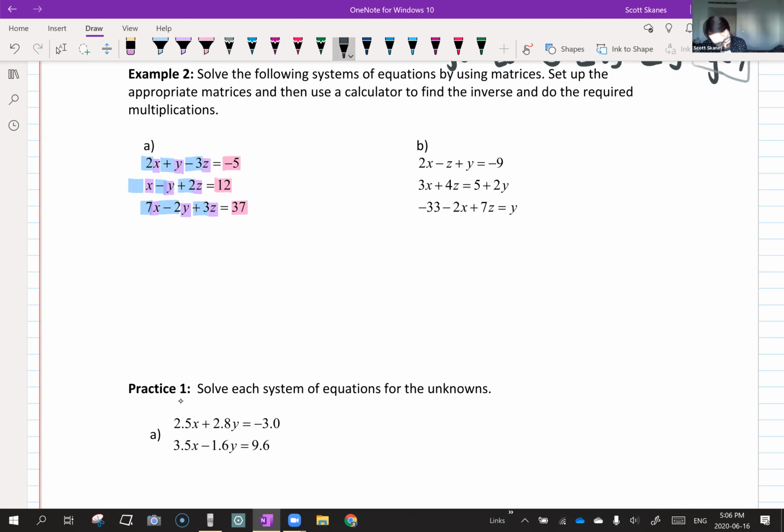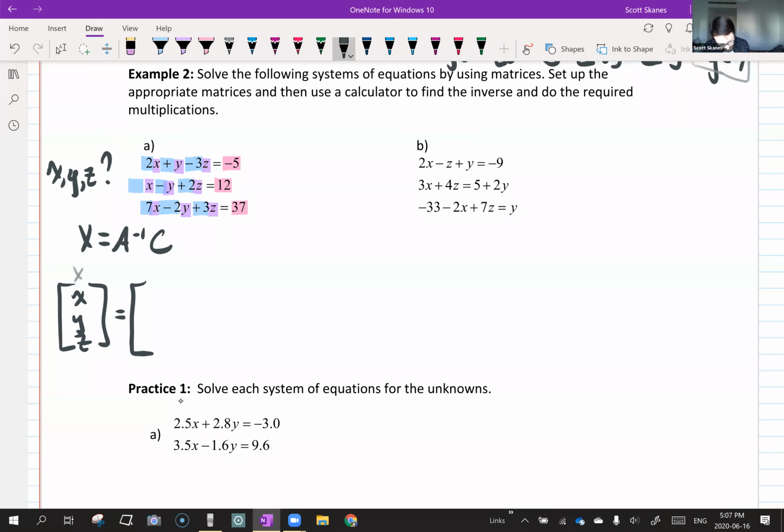And to solve the question, the whole point is that it's asking what is x, y, and z. Our formula is that the unknowns are A inverse times C. So I'll write it like this: x, y, and z, that is our matrix X, equals the inverse of the coefficient matrix, which is 2, 1, 7, 1, -1, -2, -3, 2, and 3.